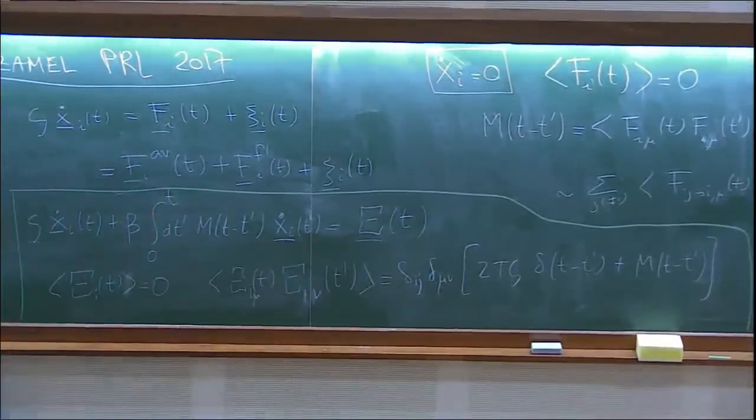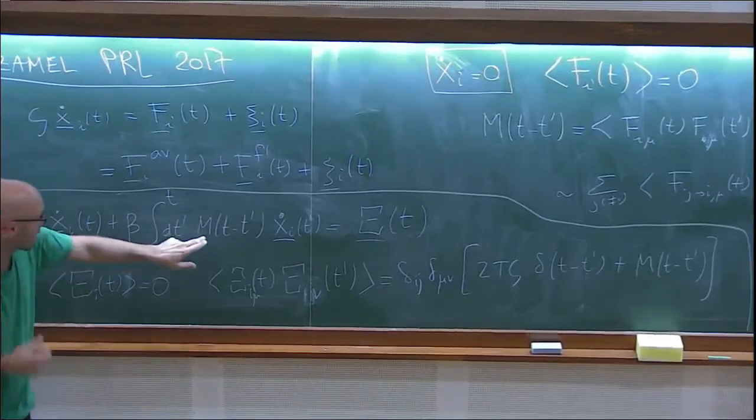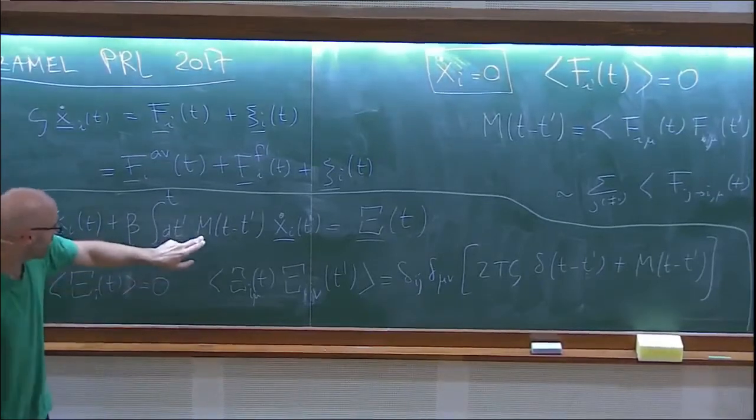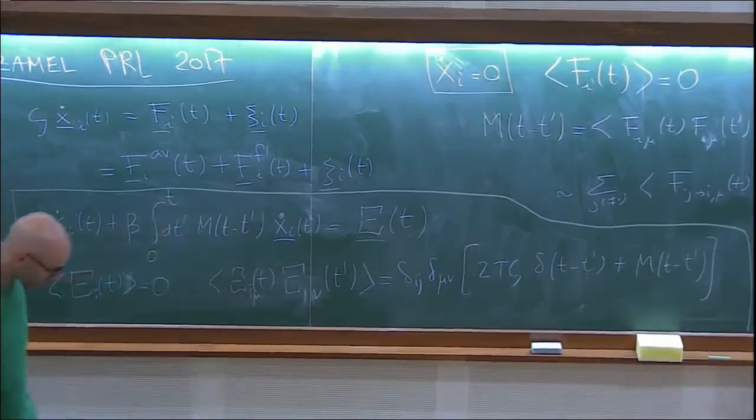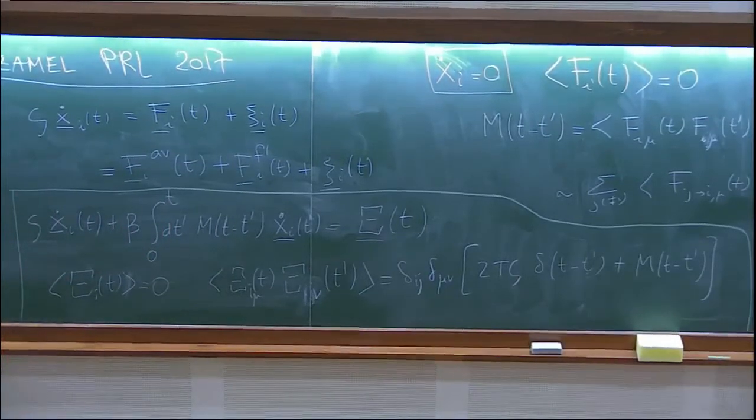So it's like this one, but with no potential. It's a particle diffusing with a kernel m, which is the same in the friction and in the random force because I'm in equilibrium. So now it's closed, but I have to find an equation for m.